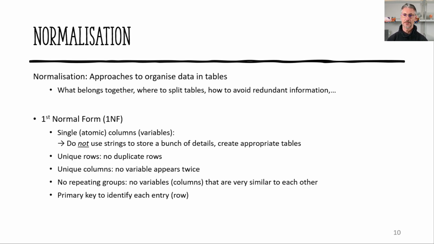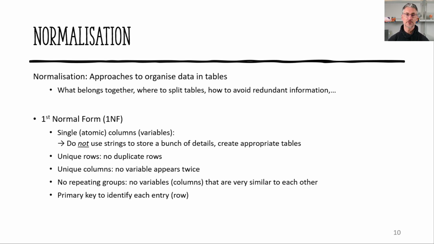When we store data in a database, we need to organize it in tables. But what do we mean by that? And that's called normalization. Normalization means we group together what belongs together and split tables to avoid redundant information. There are a number of ways to organize this. The simplest one is the first normal form, or 1NF. That means that we have single atomic columns or variables.